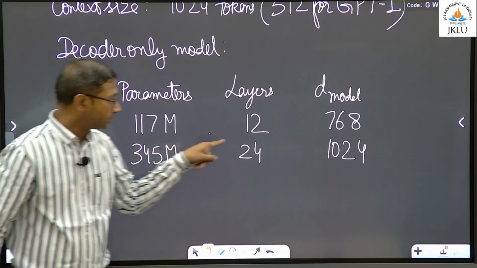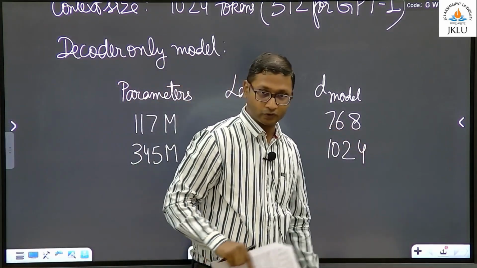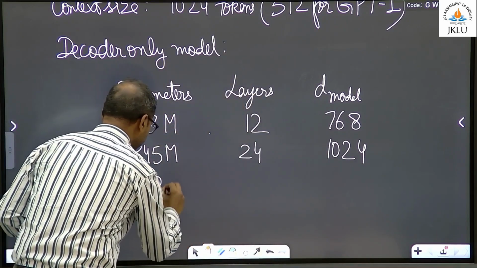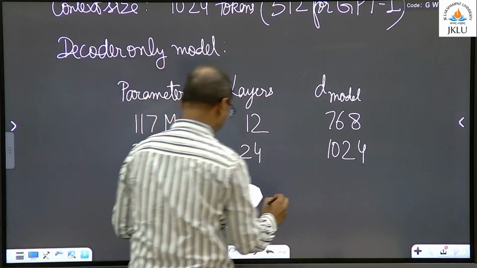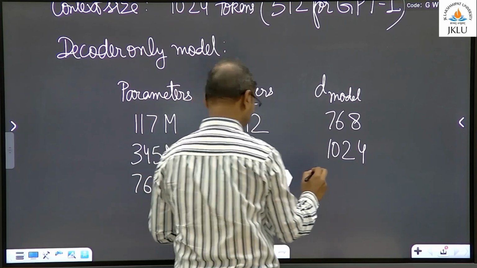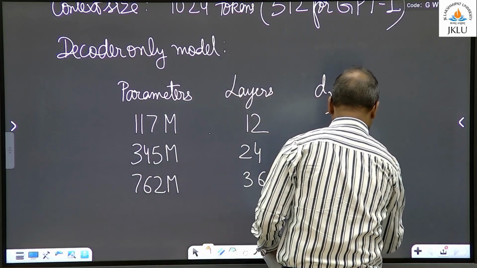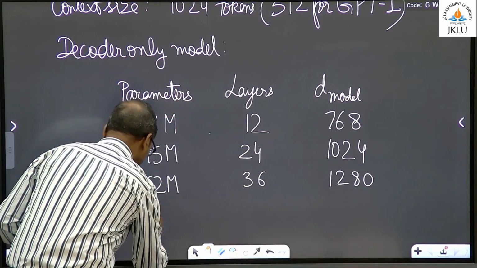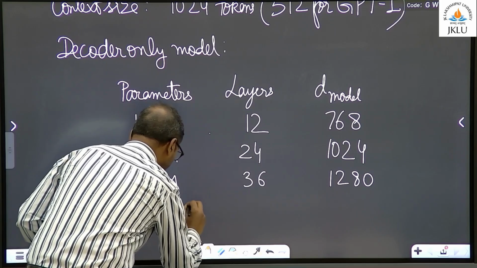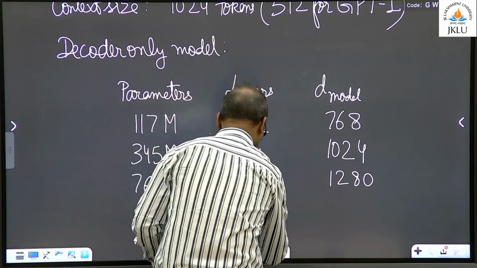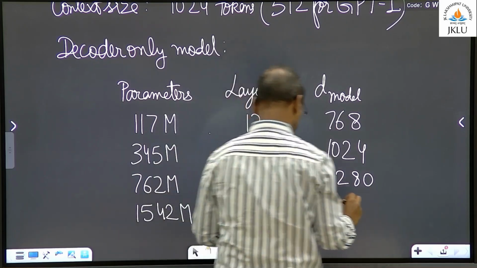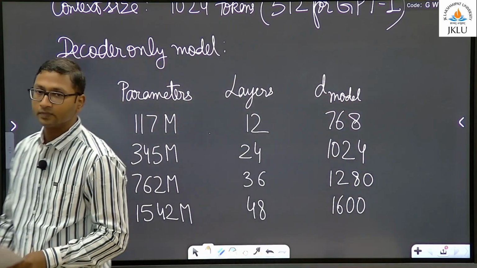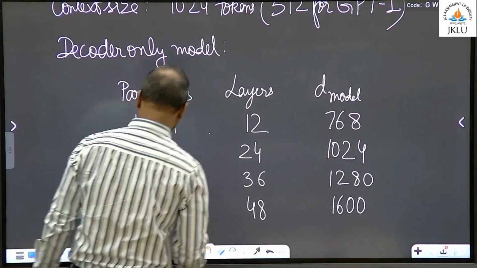Roughly 340M, 24, 1024. Next will be 762M, 36, 1280, and the last one is 1542M, 48, 1600. This is what they call GPT-2.